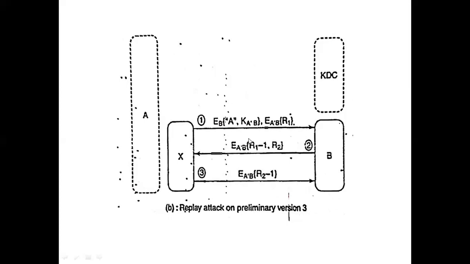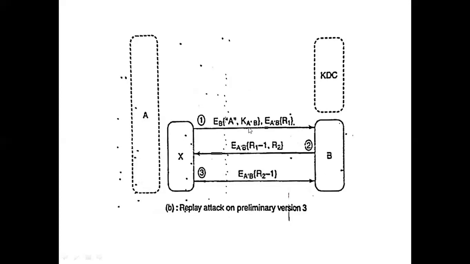Using the compromised old key, that is A dash, X can decrypt this message and recover the old session key K of A dash B. So the old ticket, E of B, is encrypted, that is my old ticket E_B of A comma K of A dash B.